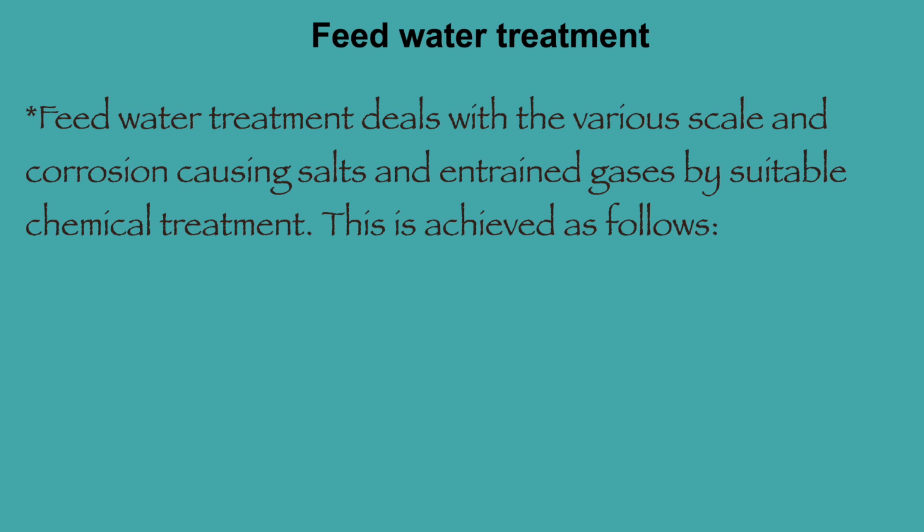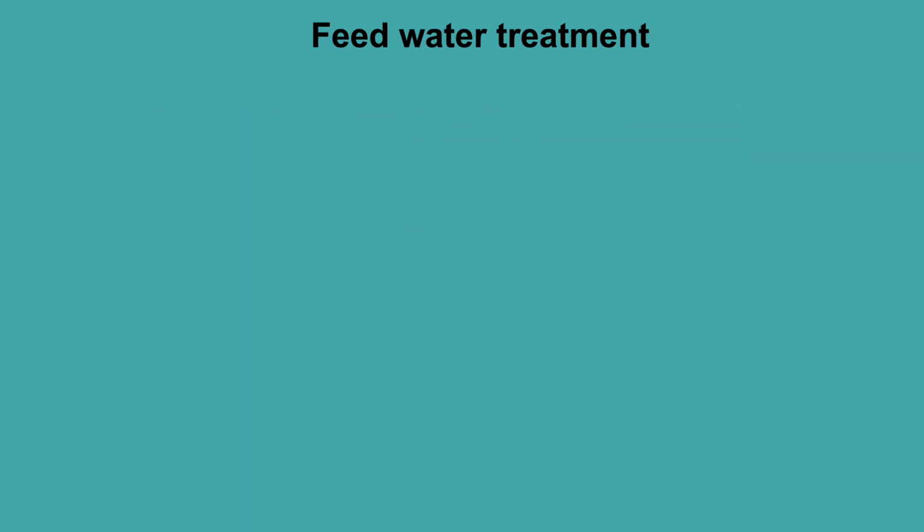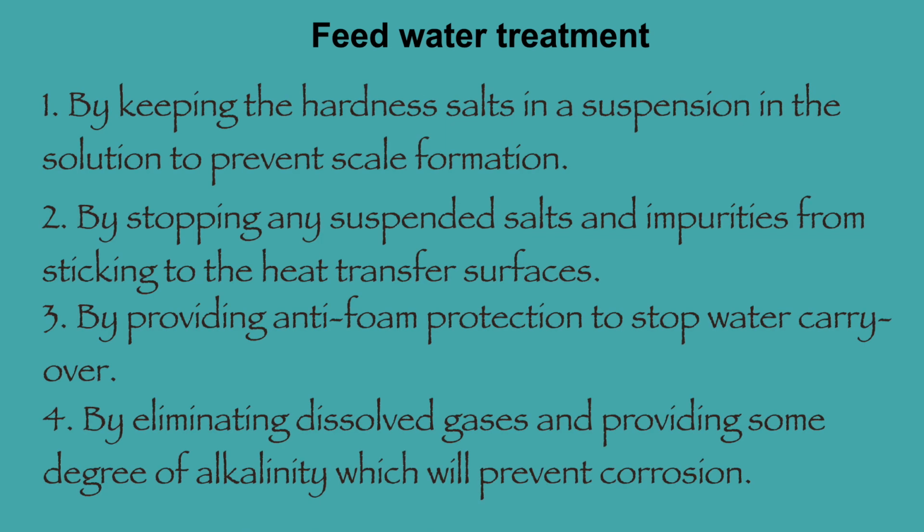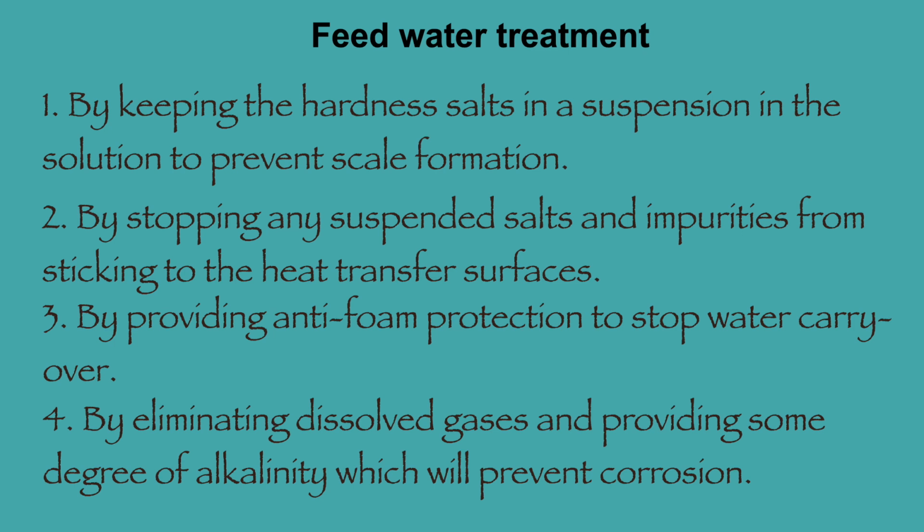This is achieved as follows: by keeping the hardness salts in suspension in the solution to prevent scale formation; by stopping any suspended salts and impurities from sticking to the heat transfer surfaces; by providing anti-foam protection to stop water carryover; and by eliminating dissolved gases and providing some degree of alkalinity which will prevent corrosion.